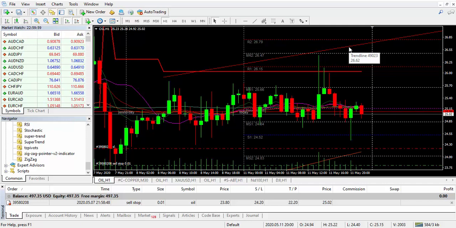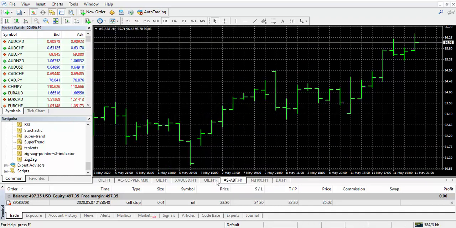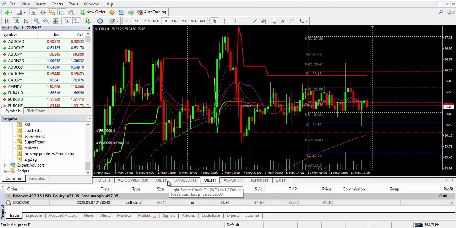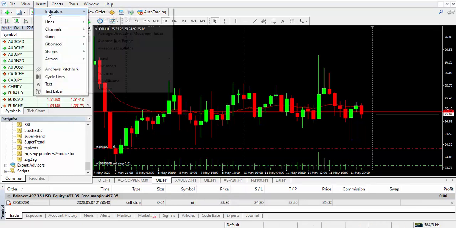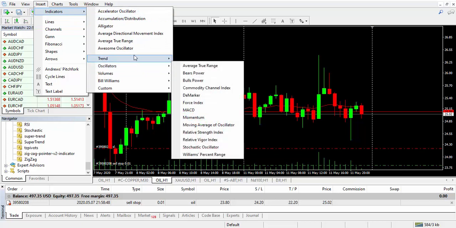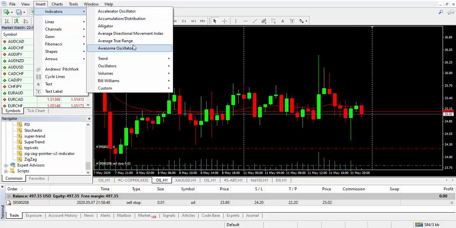Now I am showing on the chart the moving average, and I have plotted an exponential moving average. Okay, so this is my oil chart, and let me insert one more moving average here.